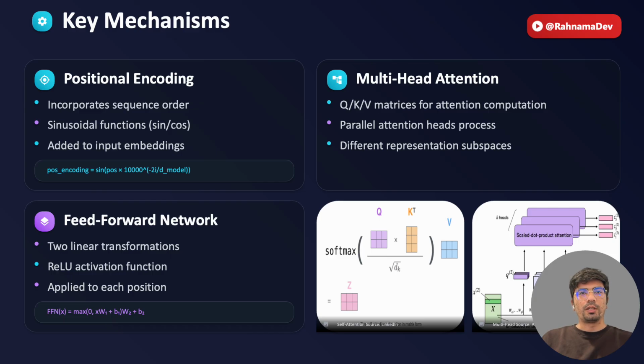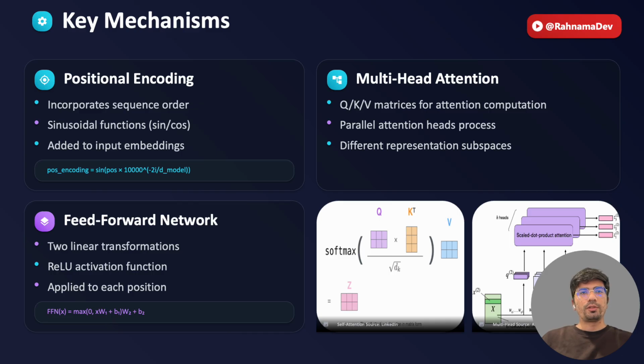This might look complex when you look at those formulas, but the key insight is that different positions get different sine and cosine values, and they are unique. The beauty of this approach is that the model can easily learn relative positions. It can understand that position 5 is 2 positions after position 3. This positional encoding is added to the input embeddings before they are fed into the model.